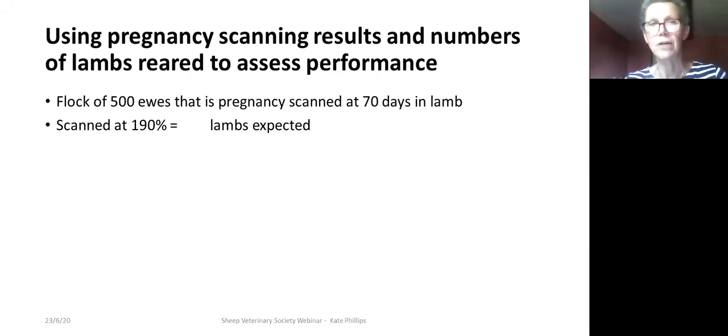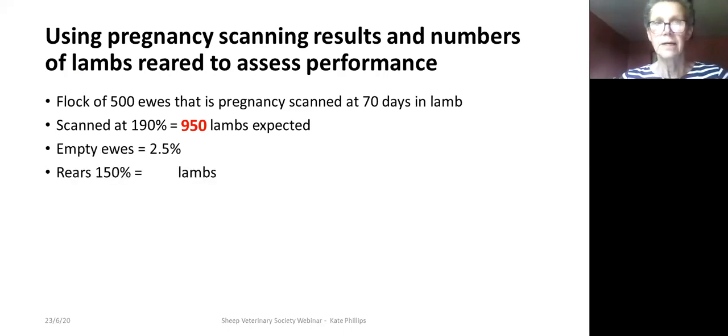So just to walk you through a very simple approach to that, this is just back of the envelope stuff, but in terms of a 500 ewe flock that's pregnancy scanned at 70 days in lamb and it's scanned at 190%, how many lambs are we expecting? So 1.9 times 500 would give us 950 lambs expected. Empty ewes, we've got 2.5% empty ewes.